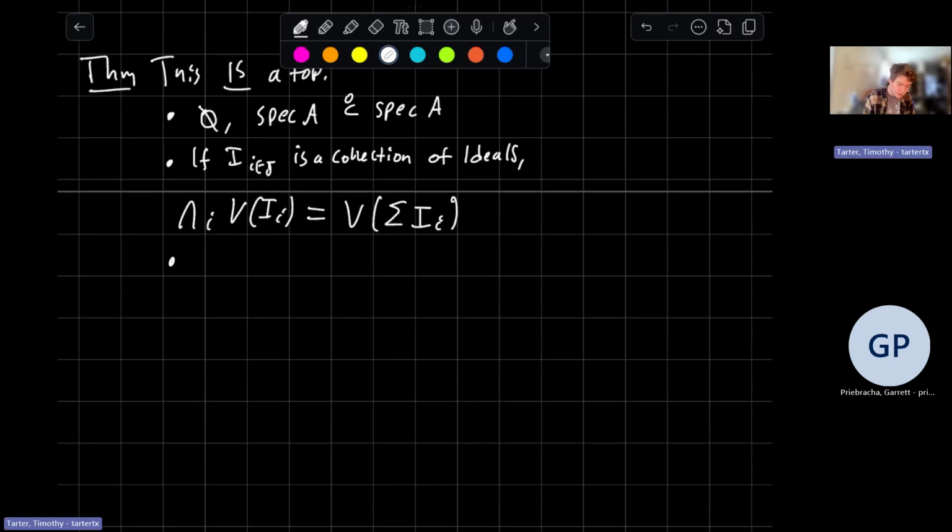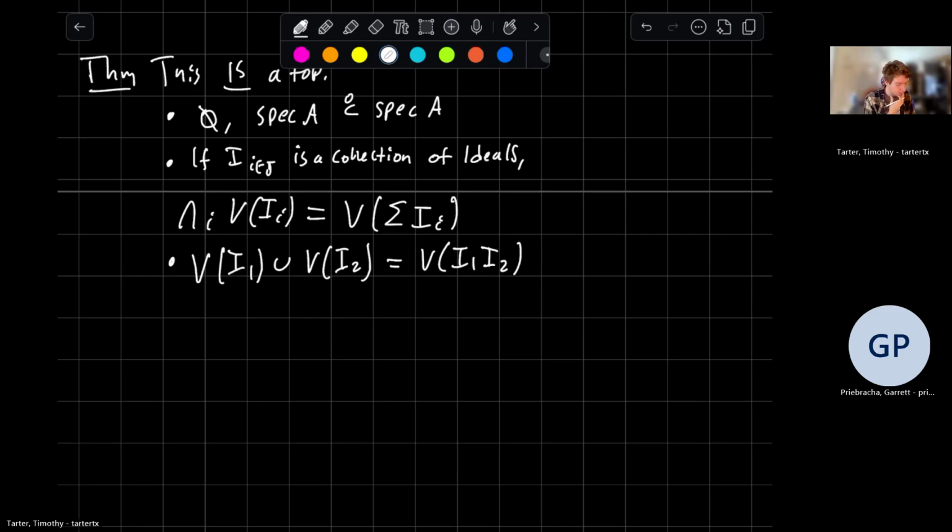And then the union is equal to the variety of the product of ideals, which are linear combinations of products of generators.